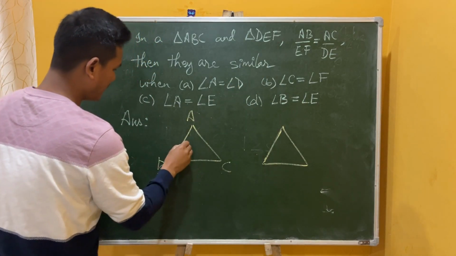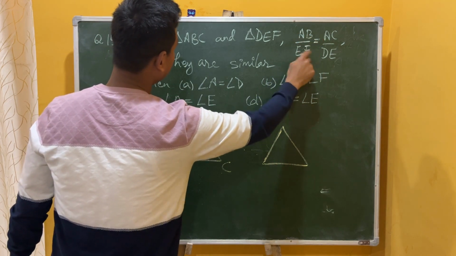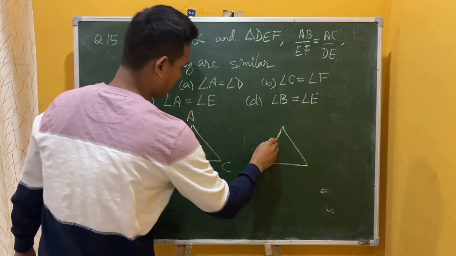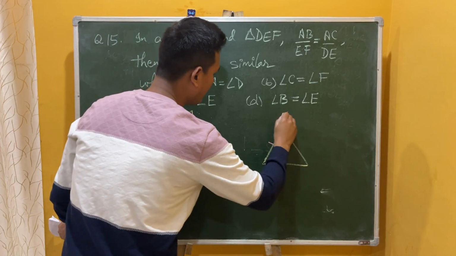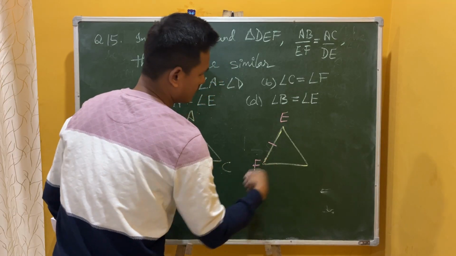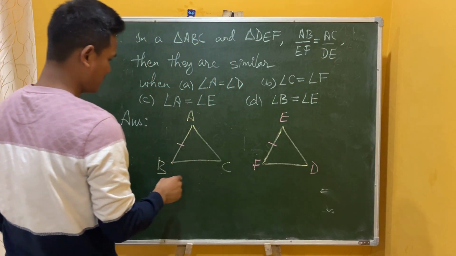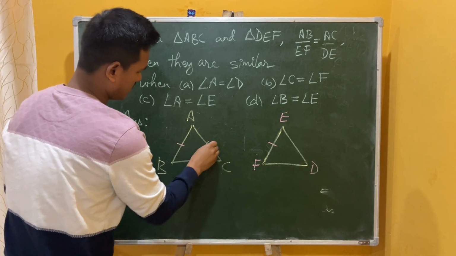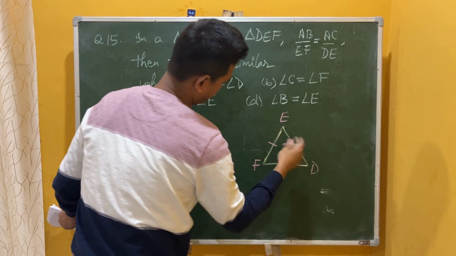So let's say the corresponding side of AB is EF. So I will now name this as EF. So obviously this has to be D. And the corresponding side of AC is DE or ED, right?